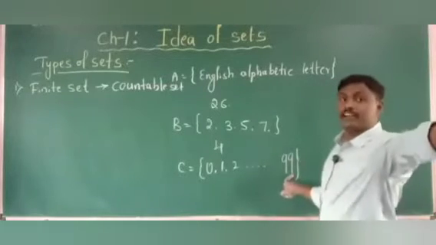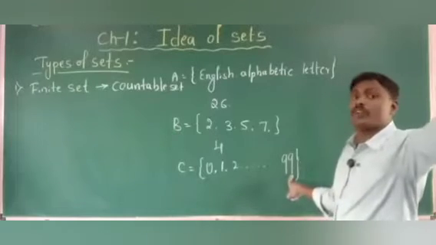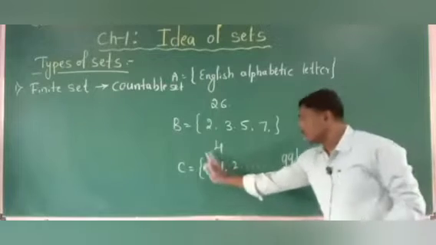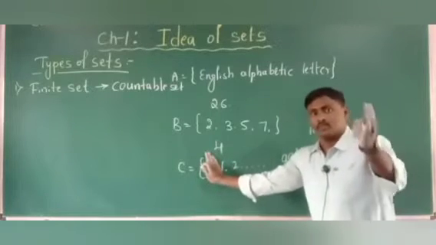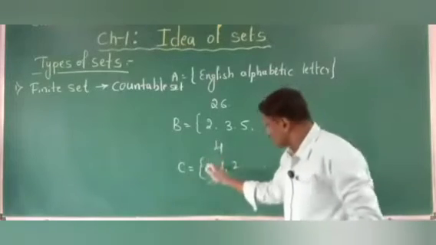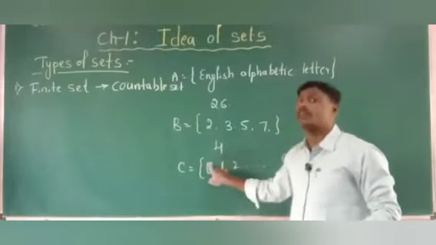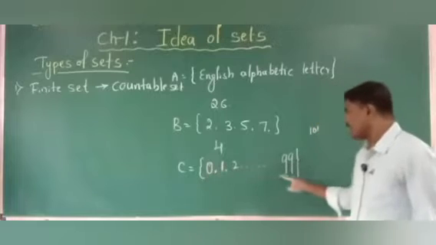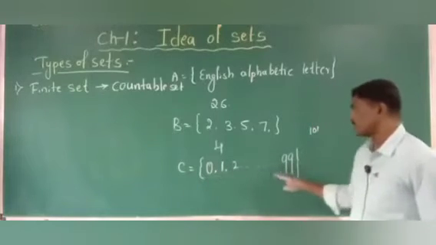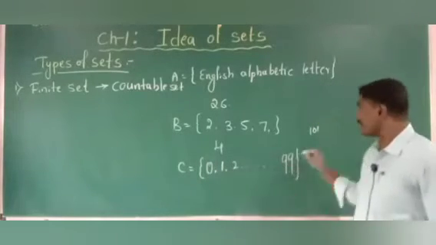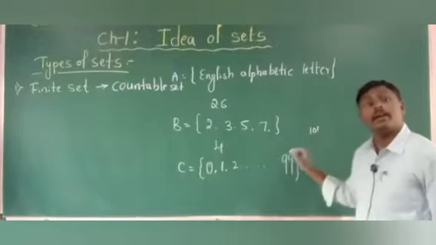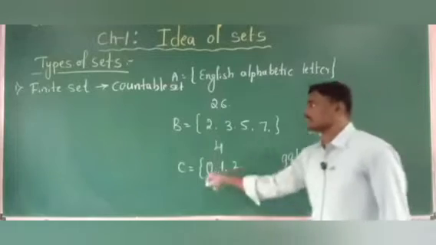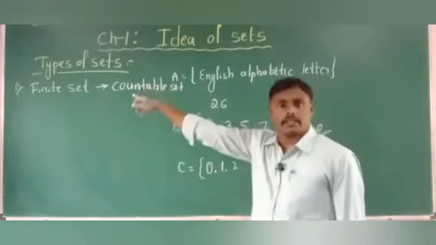If I take 100, the total number of whole numbers would be 101 because we are including 0 here. If I start from 1, then 1 to 100 is 100, right? Here I have already taken 0 because 0 is one of the whole numbers. It means the first 100 whole numbers are from 0 to 99. How many whole numbers are there here? 100 whole numbers. So this 100 indicates that the set C is a finite set.